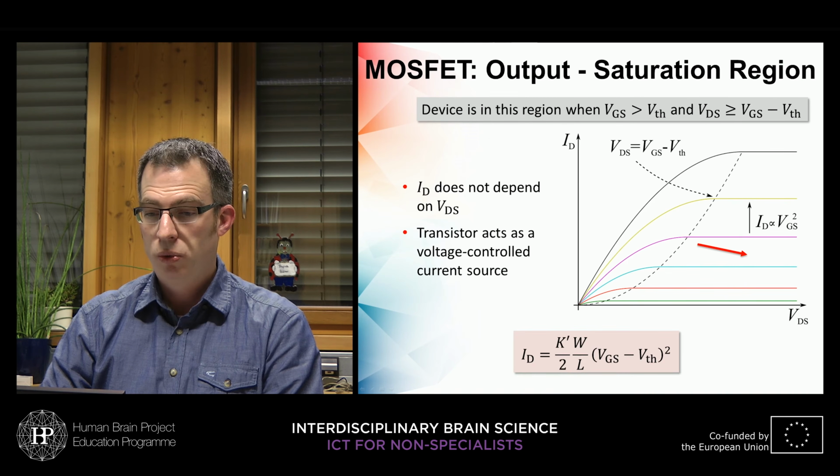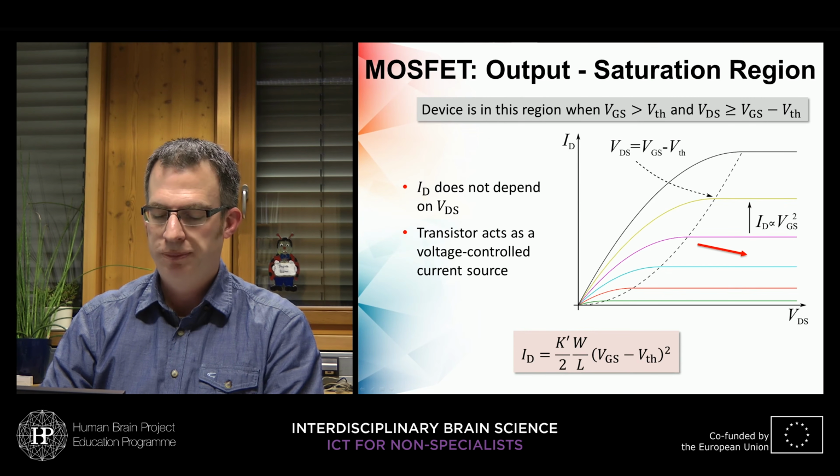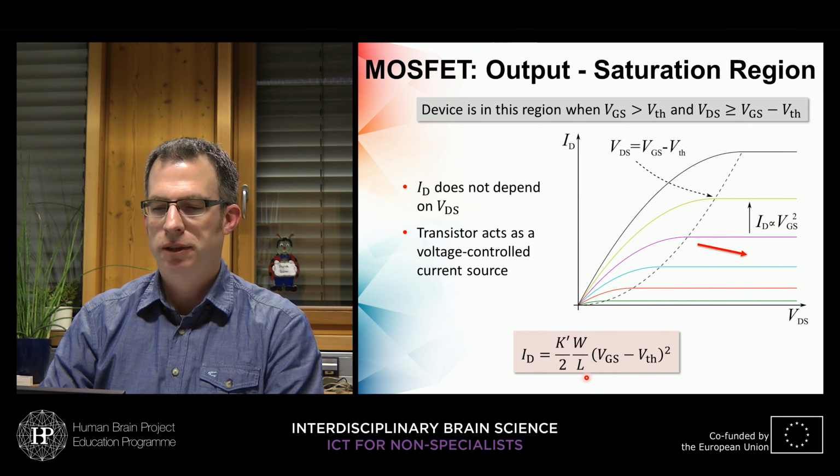There is also an equation describing this behavior. We have again this manufacturing process dependent K prime halved times the ratio of width over length of the transistor times the square of the difference of the gate source voltage minus the threshold voltage.